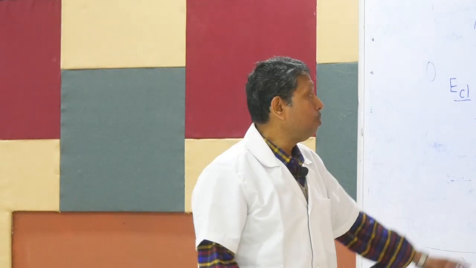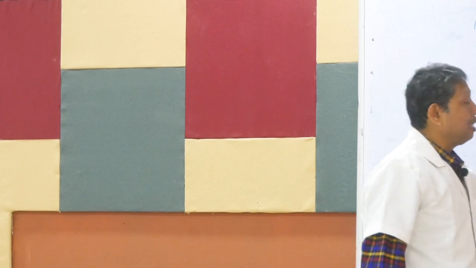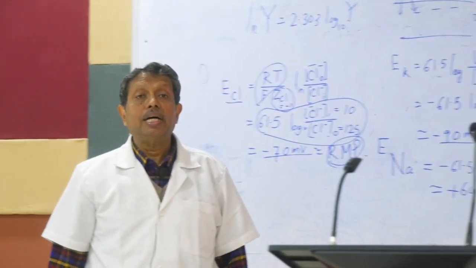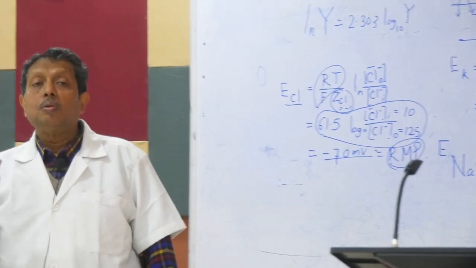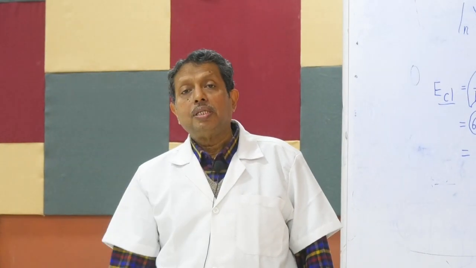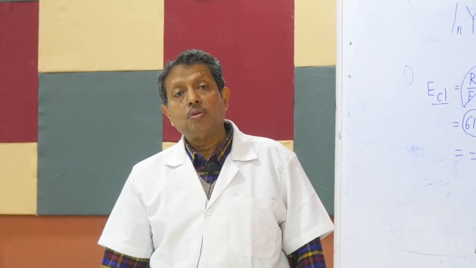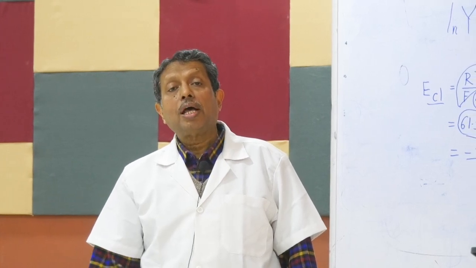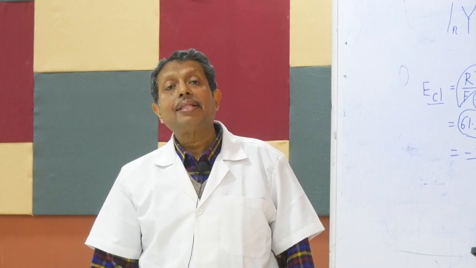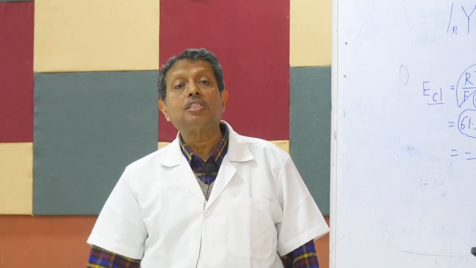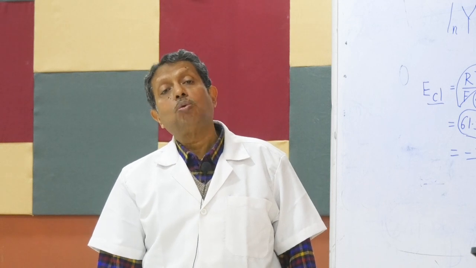Now, the conductance of this ion, which is a measure of the permeability, is considered. The permeability of potassium is 100 times or more than that of sodium. And chloride ion also has permeability, and they together are considered by different equations.